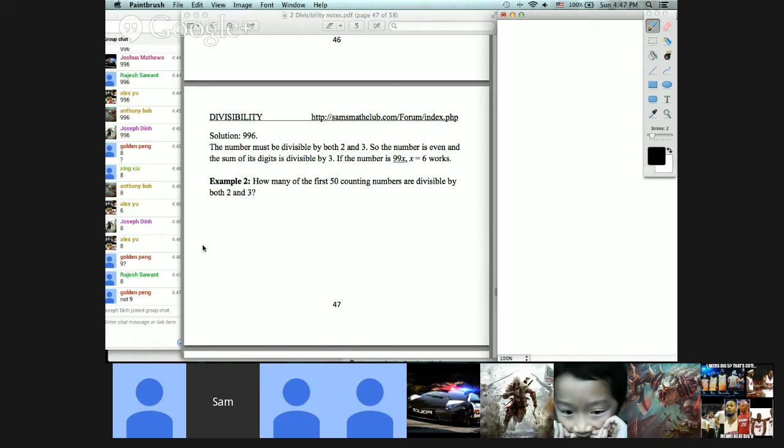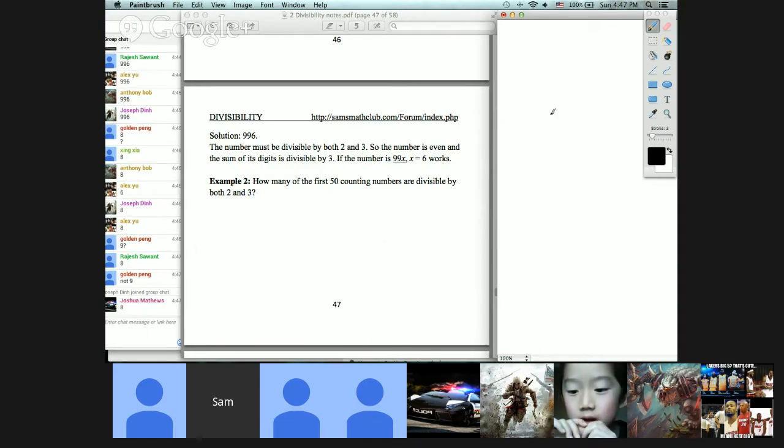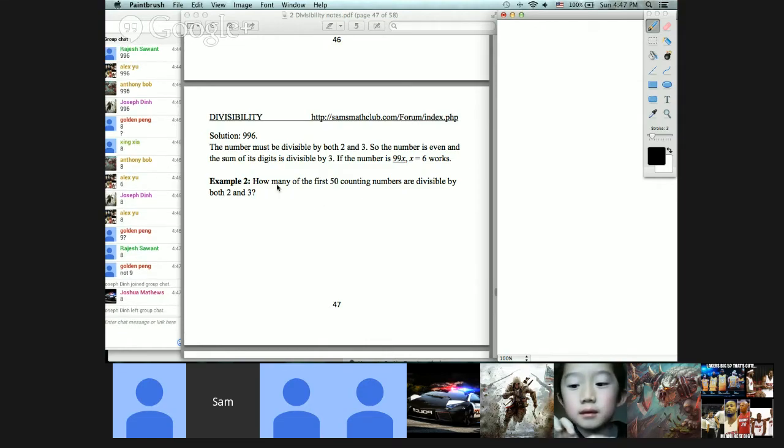Okay, so this one's a little bit tricky. I see we have some answers like 9, 8, 6. I'll explain it. If it asks for the first 50 counting numbers divisible by 2 and 3, it's basically asking out of the first 50 counting numbers, how many are divisible by 6?